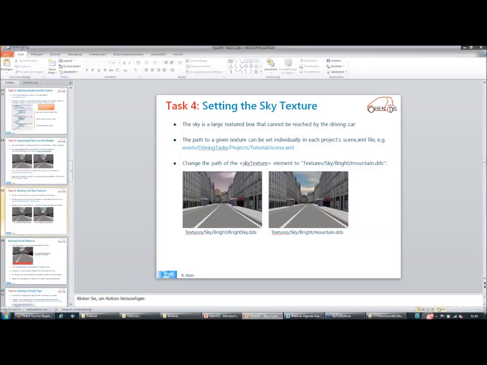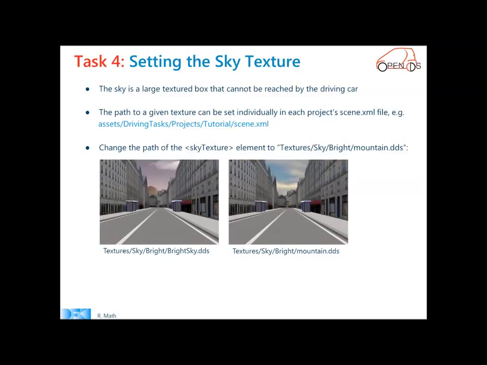So you can again try on your own to go to this scene file and find the sky texture element, and you just have to change the path, which is at the moment set to bright sky, and just change this bright sky into mountain.dds. And if you start the simulator again, you should see the sky texture changed.